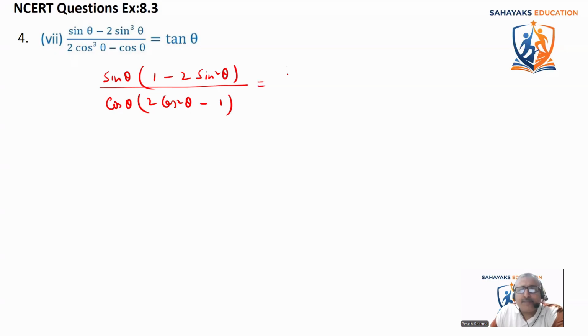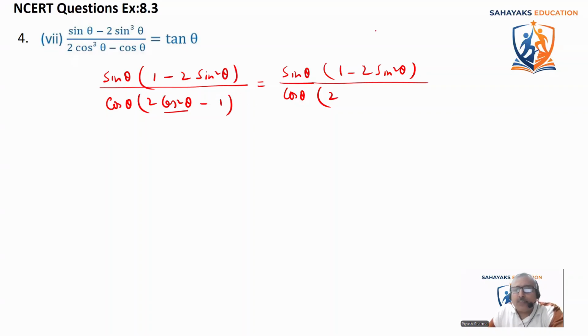So it becomes sin theta into 1 minus 2 sin square theta. I'll change in the denominator: cos theta into 2. Instead of cos square theta, I can write it as 1 minus sin square theta, because sin square theta plus cos square theta is equal to 1. So instead of cos square theta, I'm writing 1 minus sin square theta.